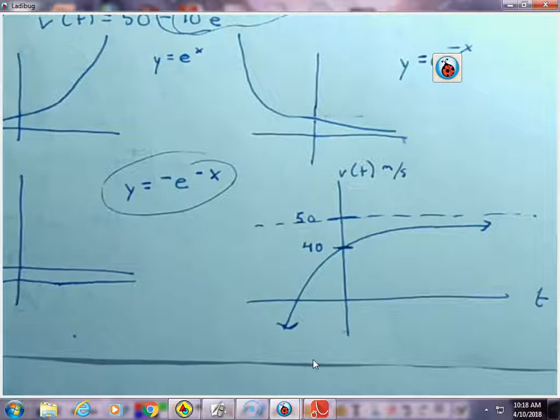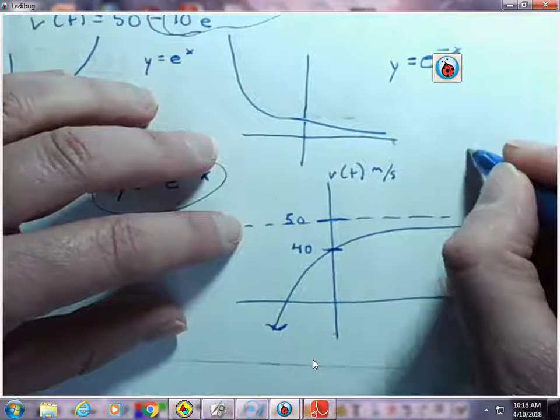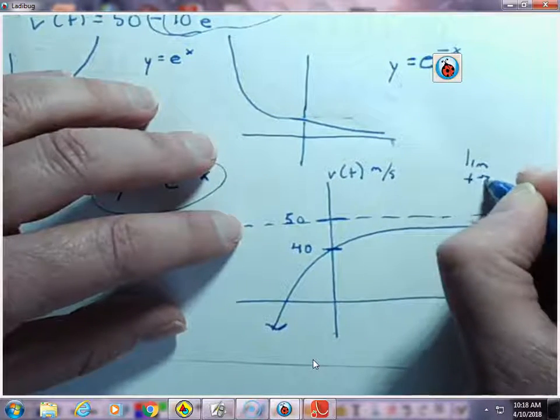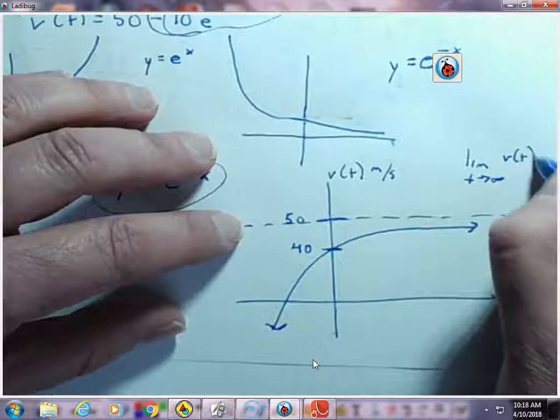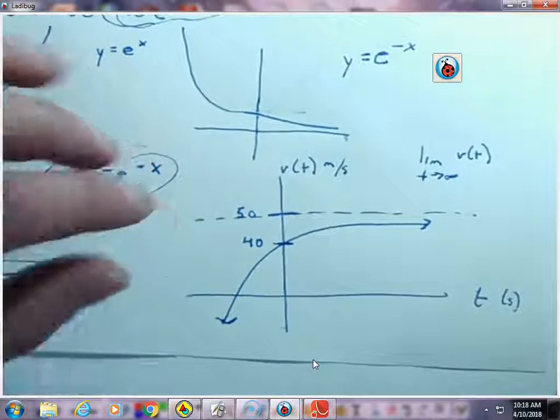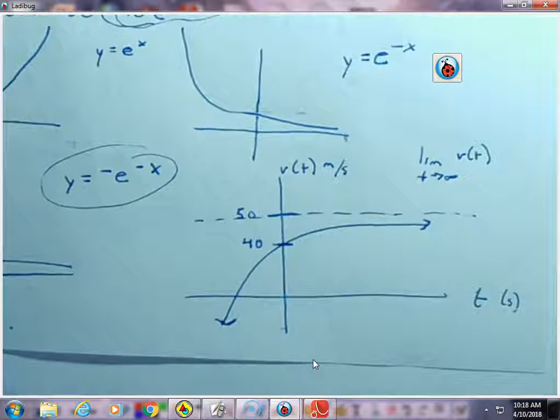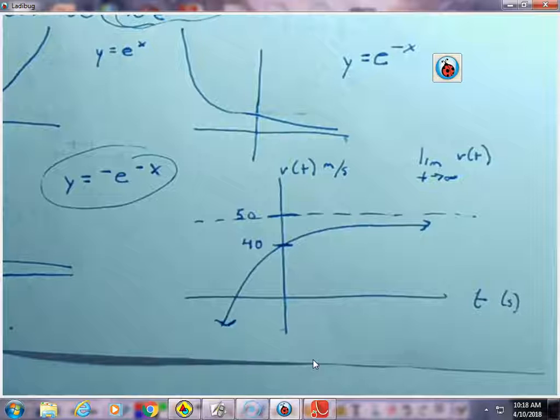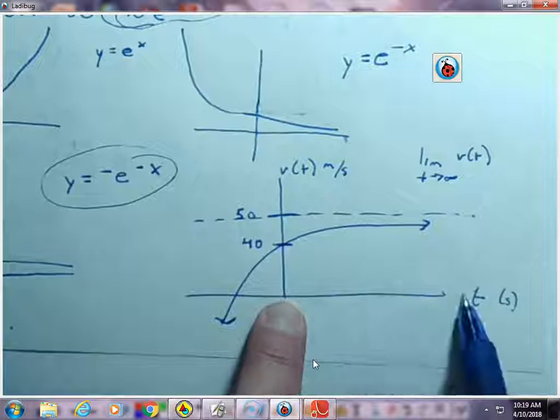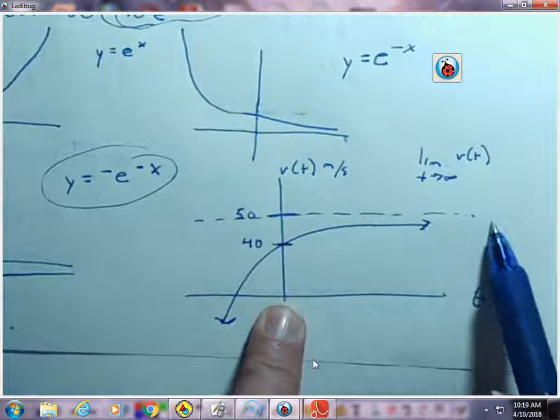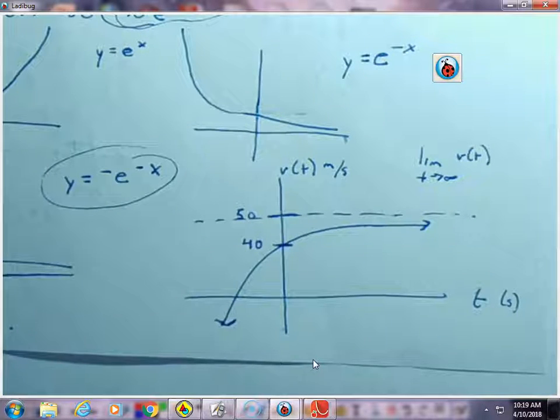Now what it's asking me is to discuss velocity as time goes to infinity. That's basically the limit as time goes to infinity of velocity. All that means is look at what's happening on the far right of your graph. As you go towards infinity, what's happening to the y value of this function?